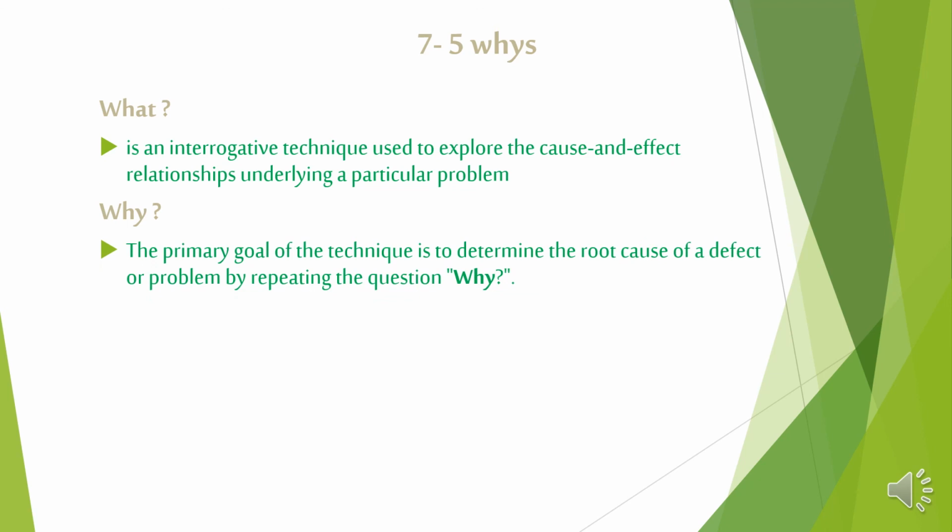The primary goal of the technique is to determine the root cause of a defect or a problem by repeating the question why, asking why and why and why 5 times. How to do it? Each answer forms the basis of the next question. When you give me the answer to the first question, I will ask you why. You will give me an answer, I will ask you why, and so on.